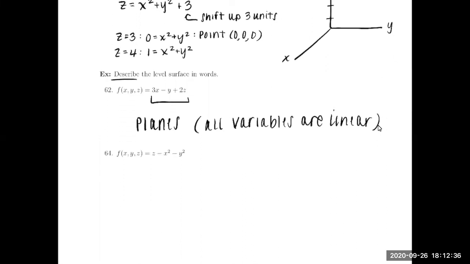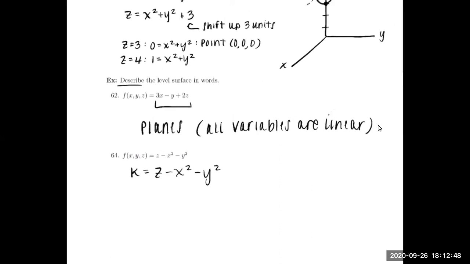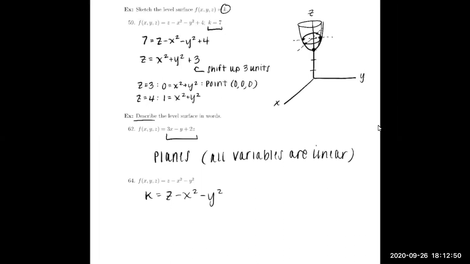And how about 64? Again, if I replace my left-hand side with a constant, what type of a level surface am I looking at? Well, this should look very familiar. If we look back up here to 59, this is precisely what we had in 59. These are going to be paraboloids.